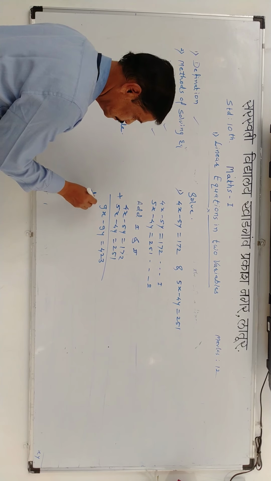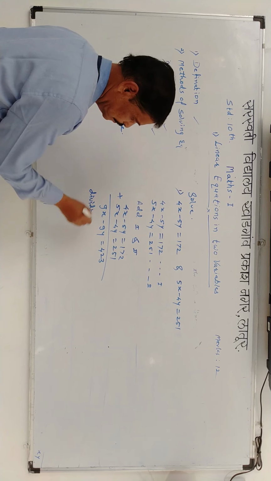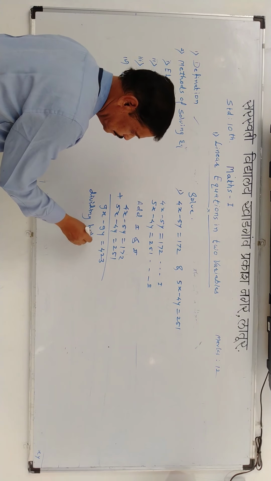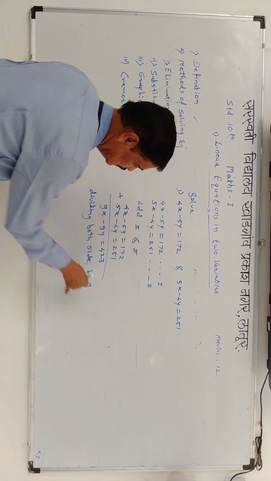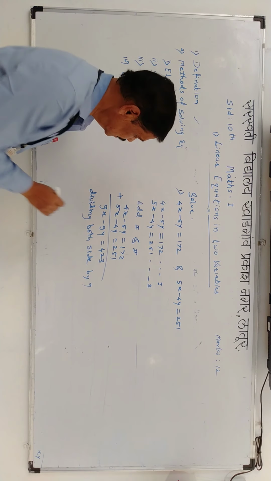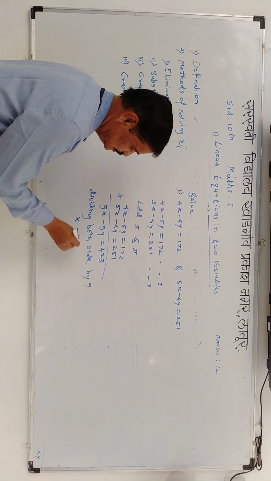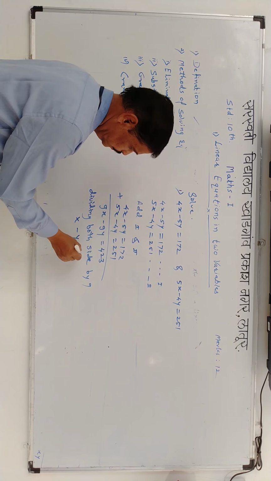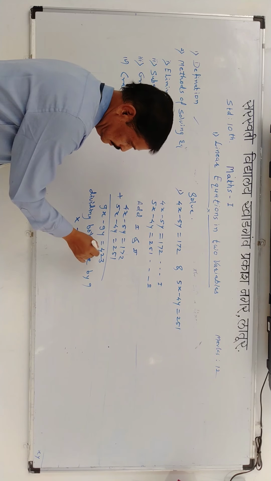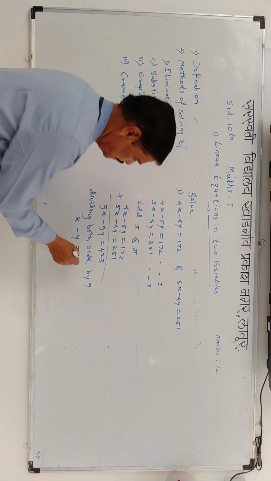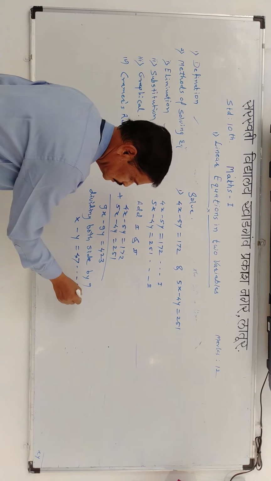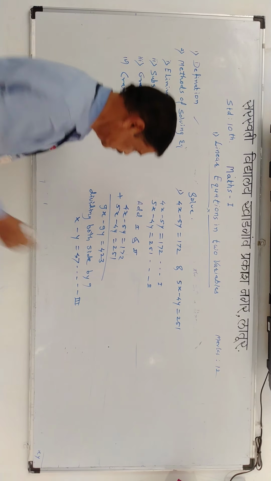Dividing both sides by 9, we get x minus y is equal to 47. Name it as the third equation.